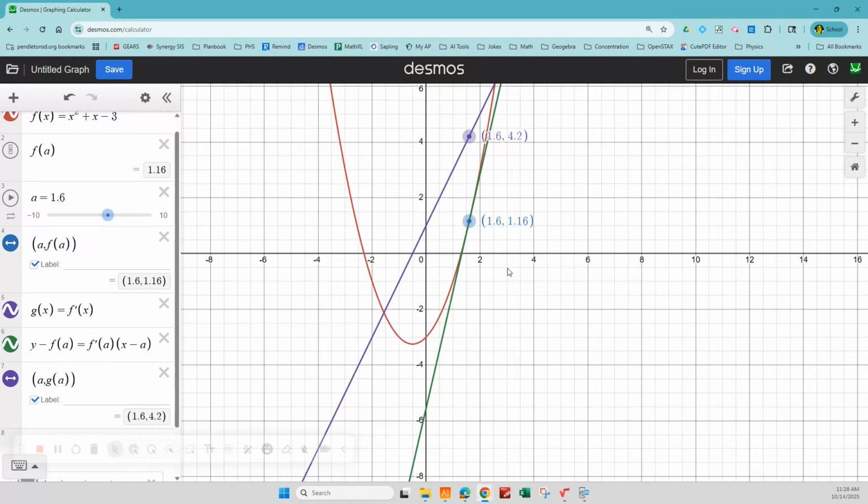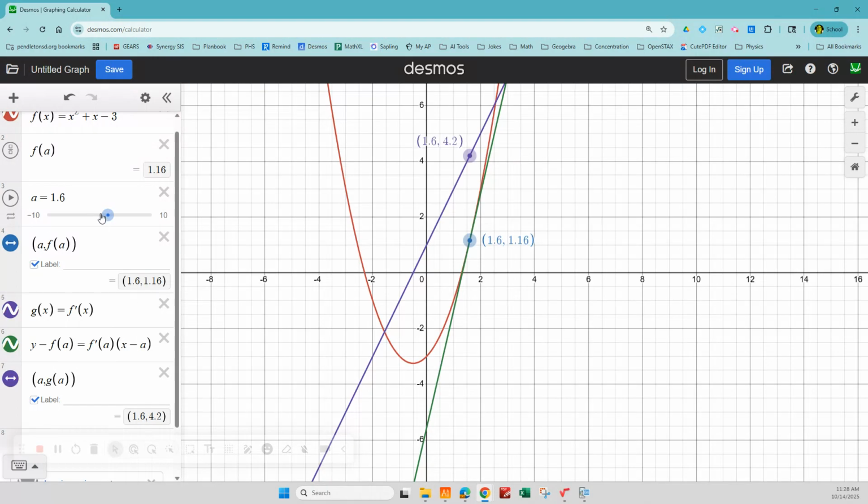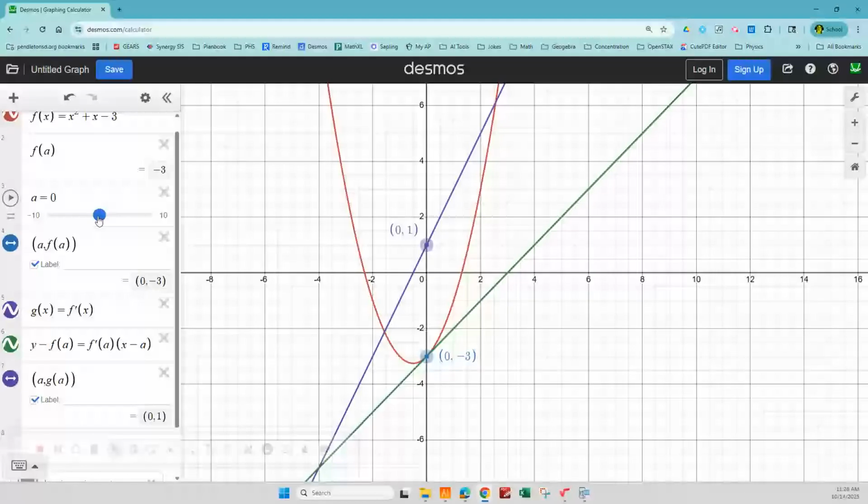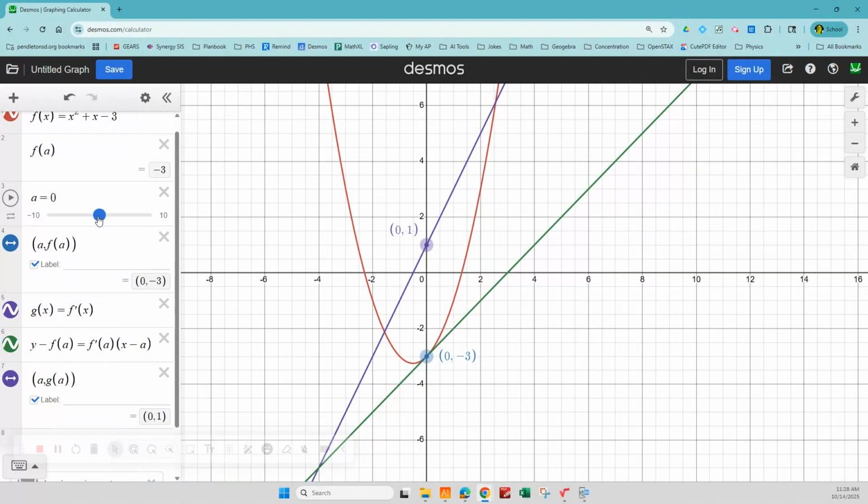But look what happens here. As I slide this value of a, notice that the slope of the function, which is the output of which curve, what color? Purple. Right? The purple graph is the graph of the derivative function.